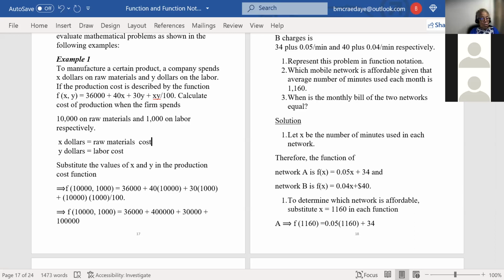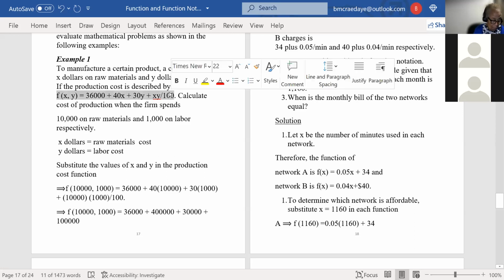Now, the production cost is actually given to you. The production cost uses a function that includes raw materials and labor. So this is the production cost, function of X and Y, is equal to this.